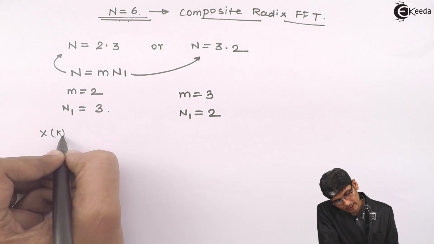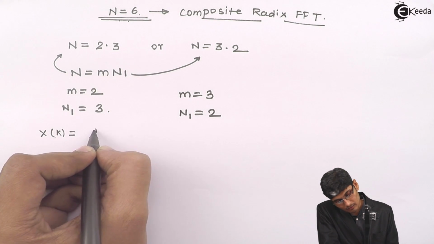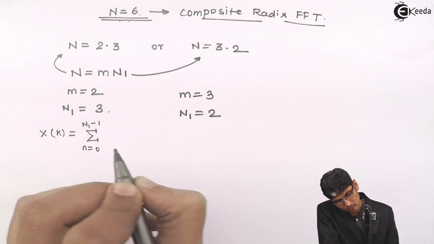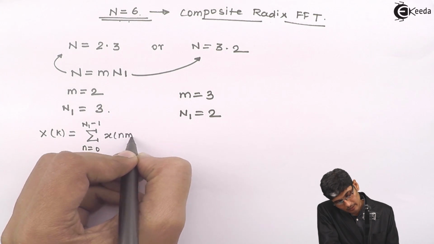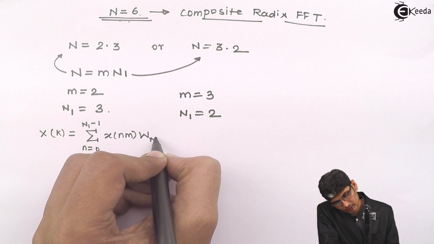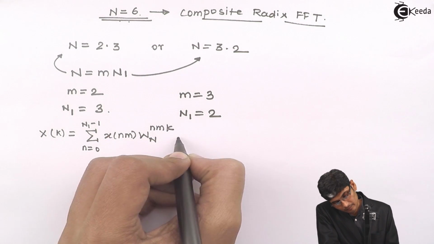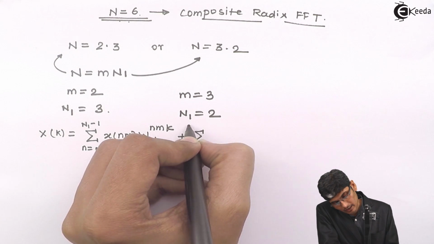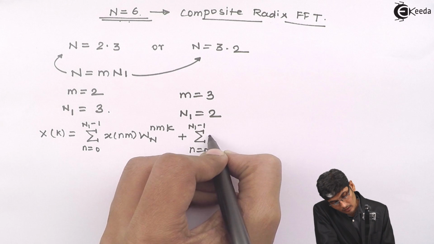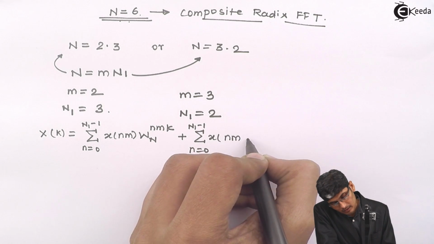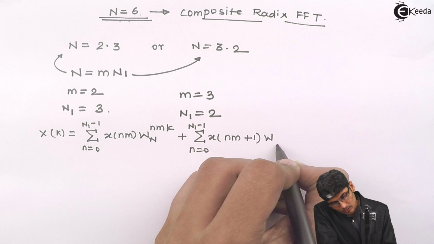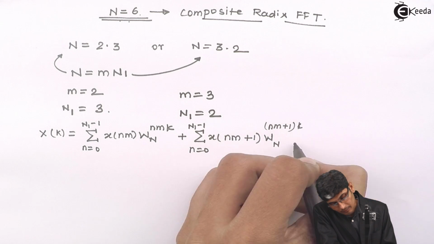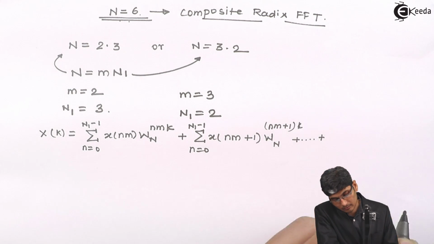The generalized formula for X of k is the summation n equal to 0 to N1 minus 1 of x of nm W_N raised to nm k, plus summation n equal to 0 to N1 minus 1 of x of nm plus 1 W_N raised to (nm plus 1) k, and so on.